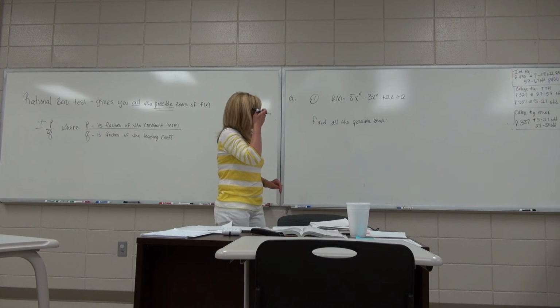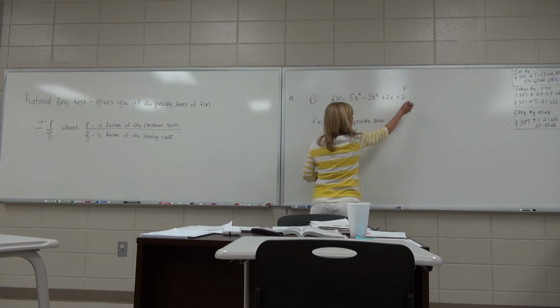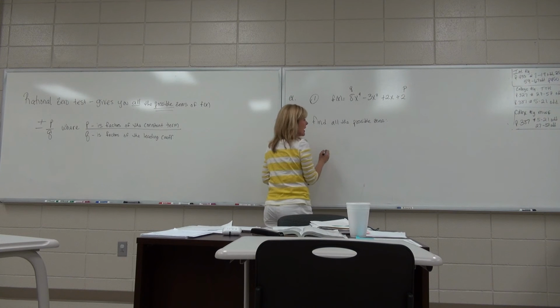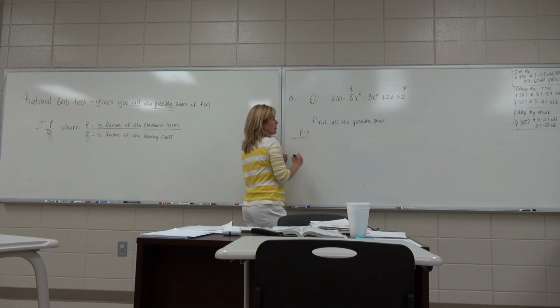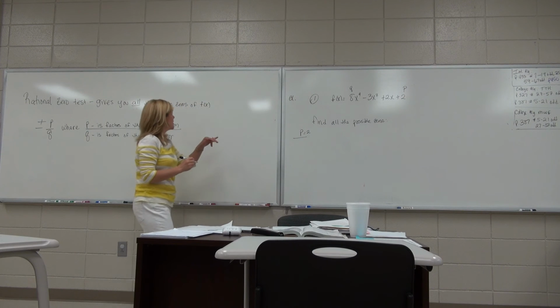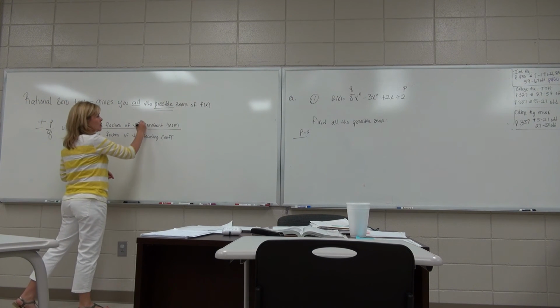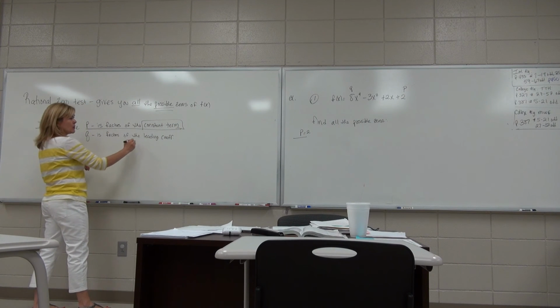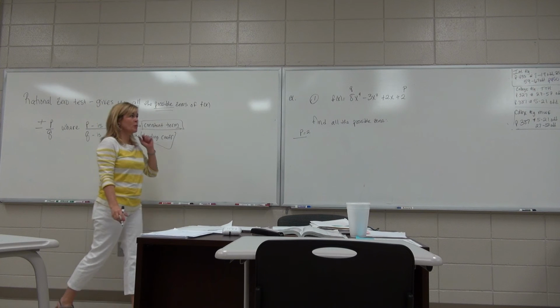Okay, so on this one, what is my P here? 2, and the Q is 8. How do you know that 8 is Q and P is 2? Because P is always the factors of the constant term. Q is always the leading coefficient.